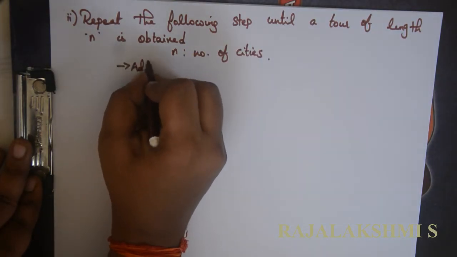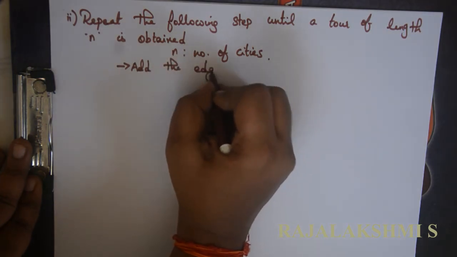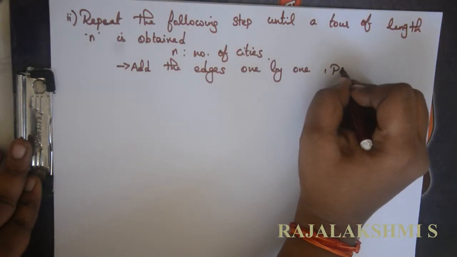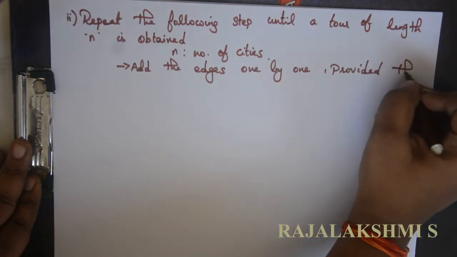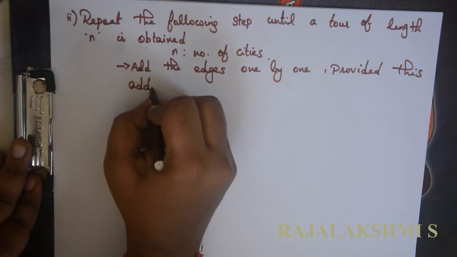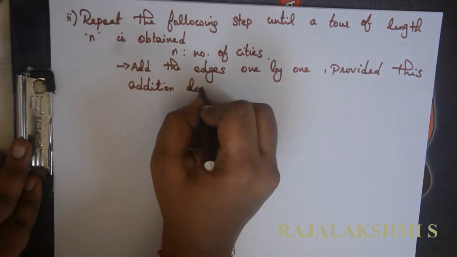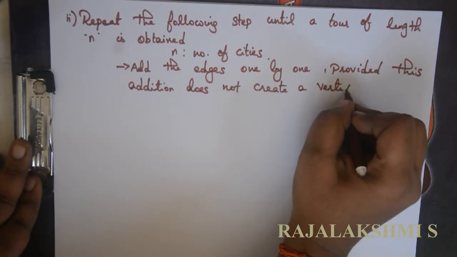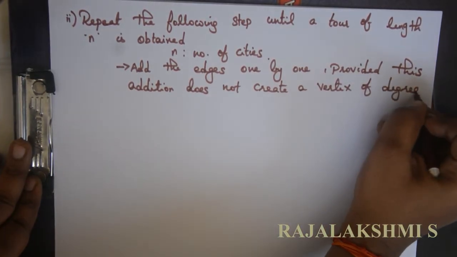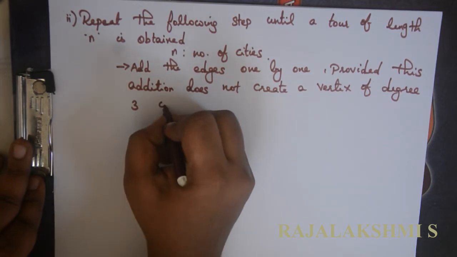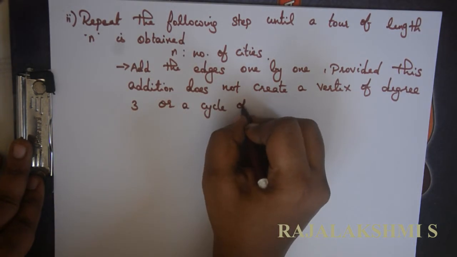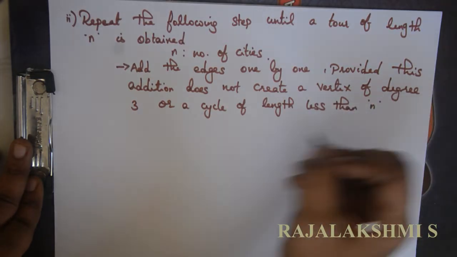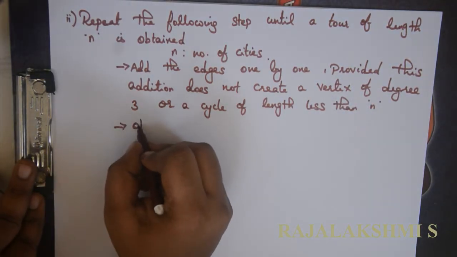Whenever you see an edge, add the edges one by one, provided this addition does not create a vertex of degree 3, or a cycle of length less than n; otherwise skip the edge.